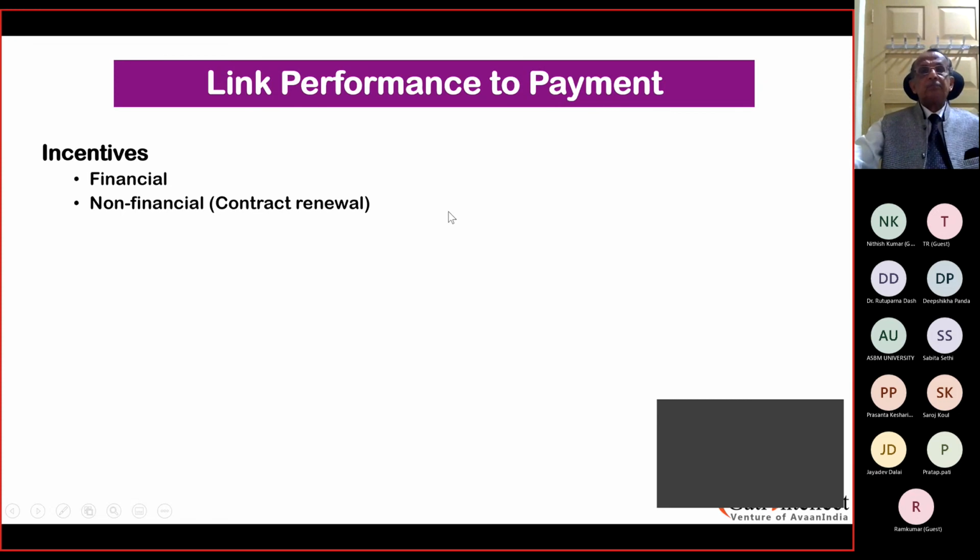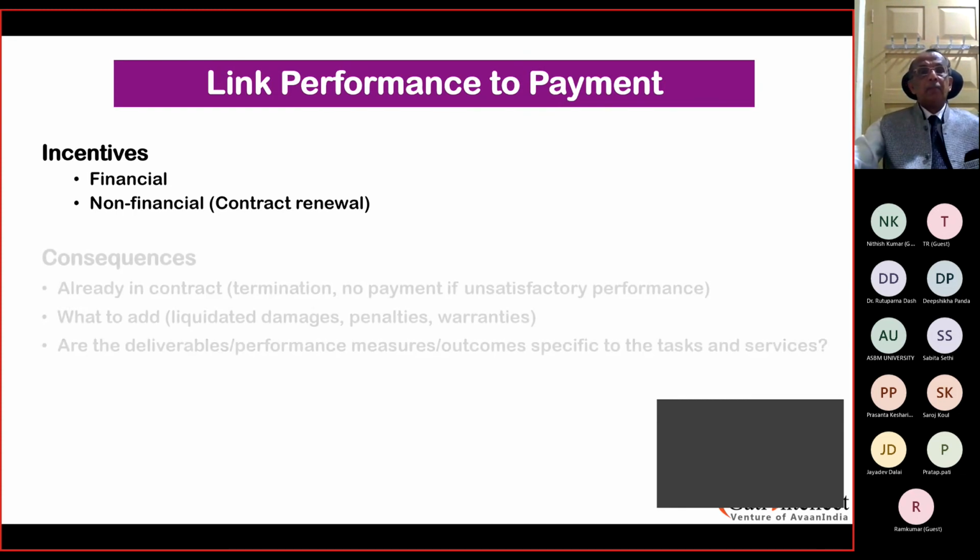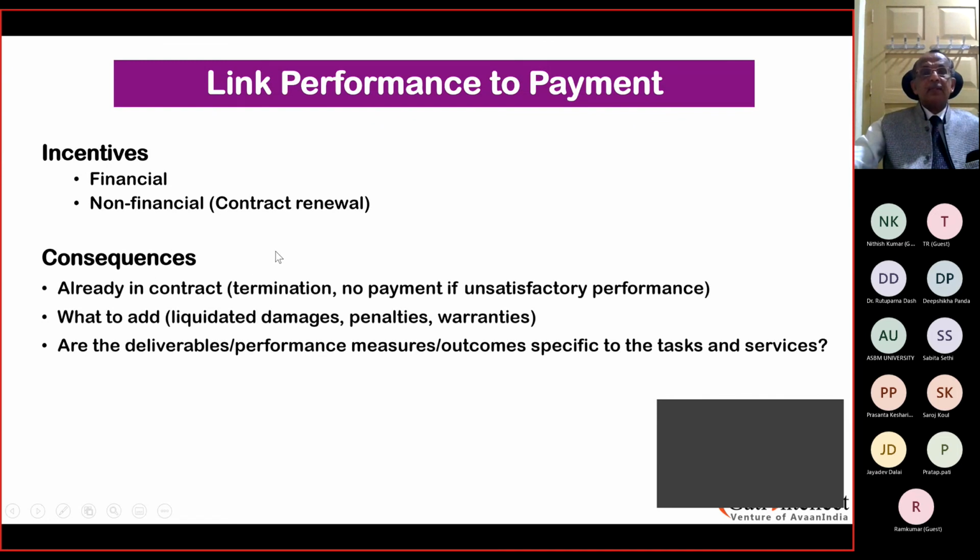Especially, you have completed 15 years. These are the benefits you would get because you have completed a long service. What are the consequences for non-performance? That is also equally important to understand.